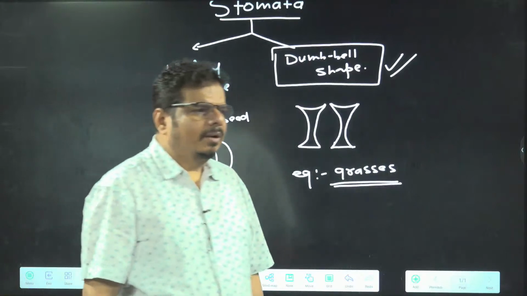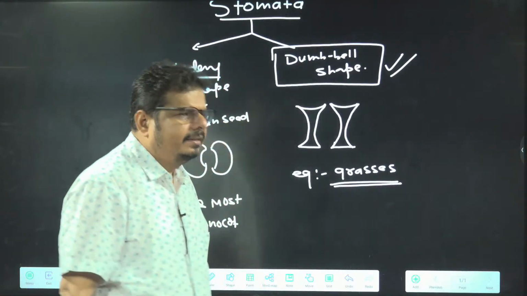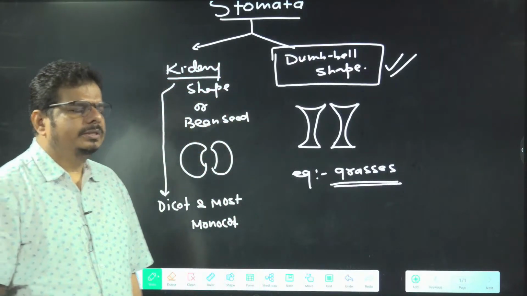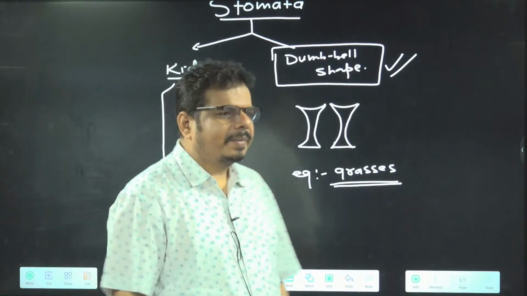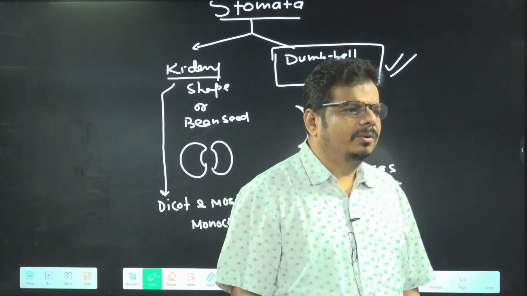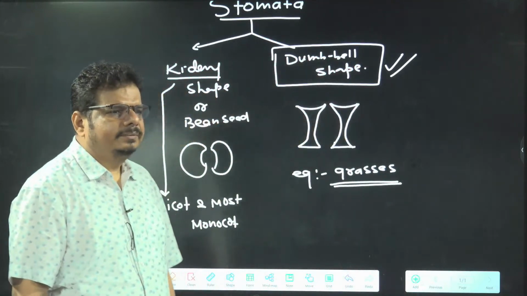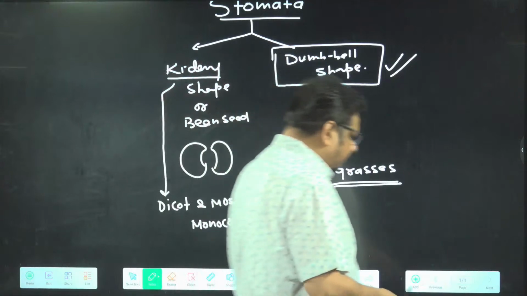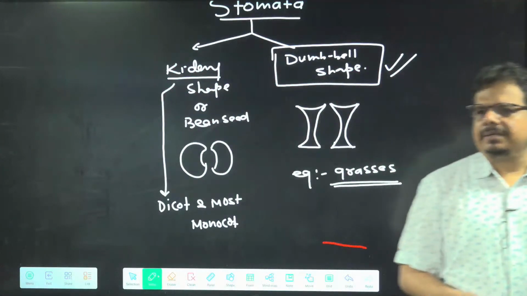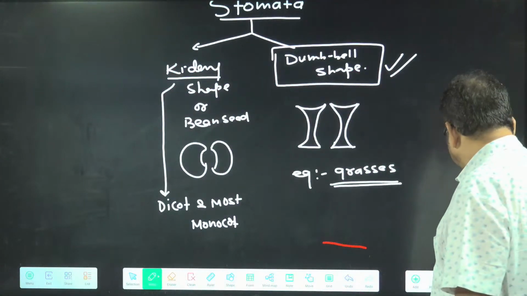Okay? Now we are going to move ahead to the next one, that is the ground or fundamental tissue system. The epidermal tissue system is over. So next, ground or fundamental tissue system. Give your attention.